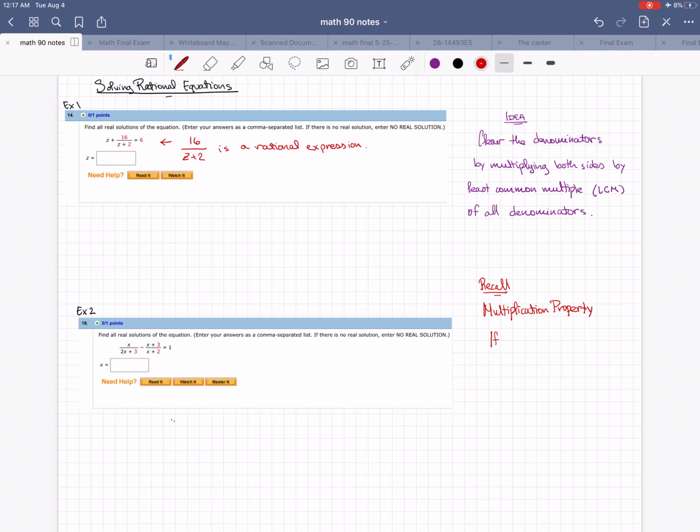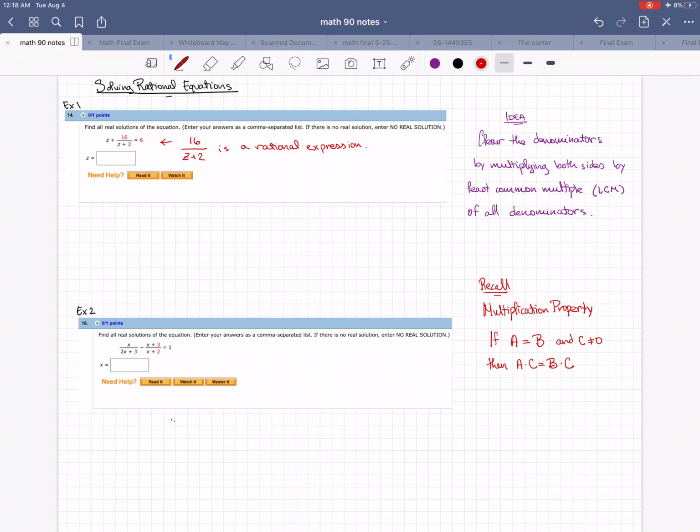So it looks something like this. If A is equal to B and C is not equal to 0, then A times C is also equal to B times C. But it says very clearly there that C cannot be 0.